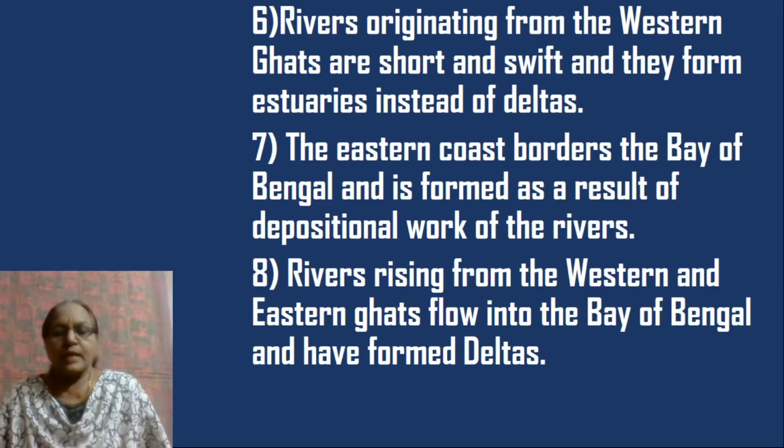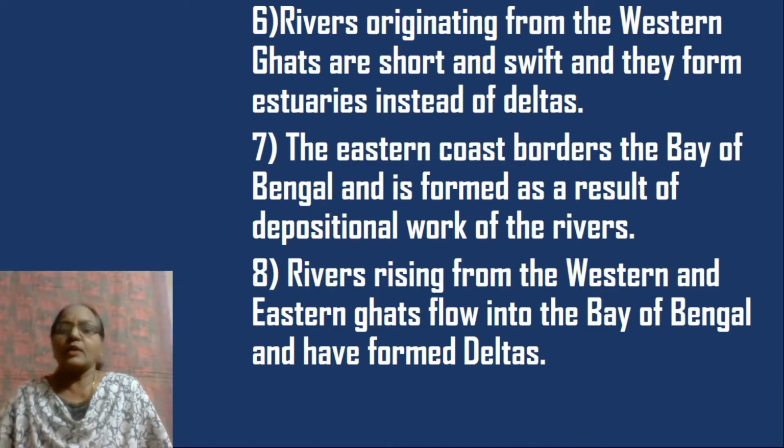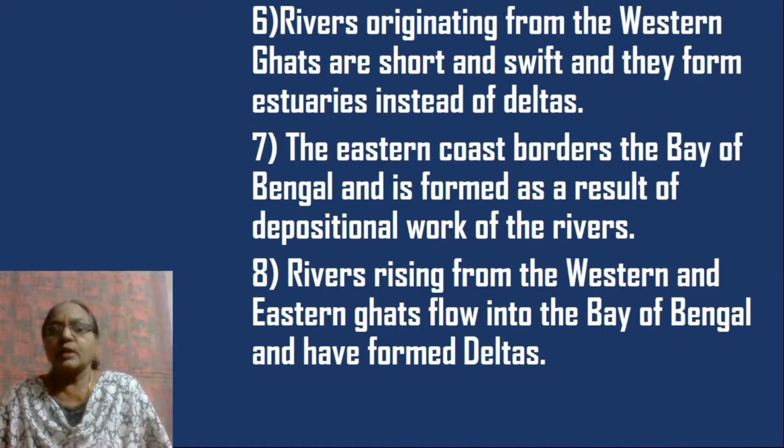So, as I said, rivers which originate in the Western Ghats and flow into the Arabian Sea are short and swift, and they form estuaries instead of deltas. And rivers which open into the Bay of Bengal have formed extensive deltas which are formed as a result of the depositional work of the rivers.